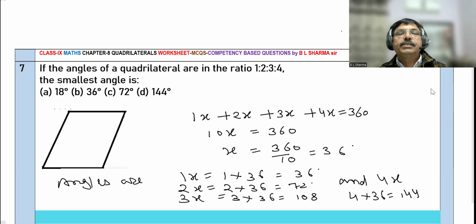So now you can say which is the smallest angle. The smallest angle is 36 degree. So B is the correct option.